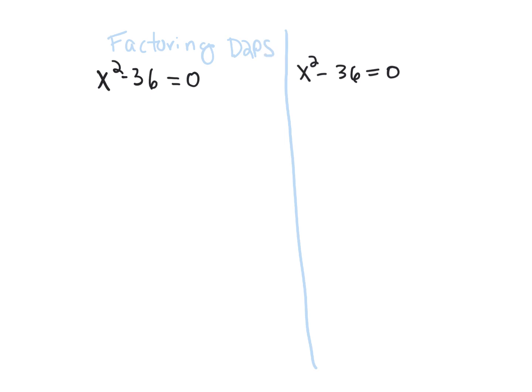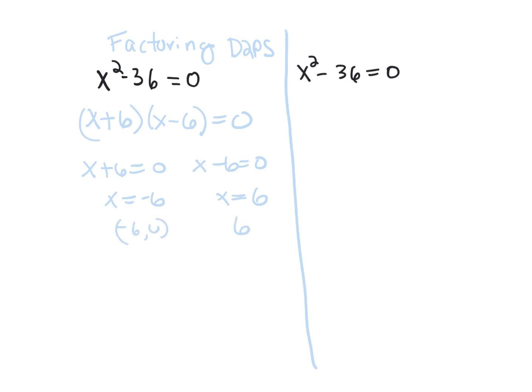And say that, well, x squared minus 36 factors into x plus 6 and x minus 6. And then use the zero product property to set up our two equations. And then we'll get x is equal to negative 6 and x equals positive 6. And so that would tell me that we have an x-intercept at negative 6, 0, and an x-intercept at 6, 0.